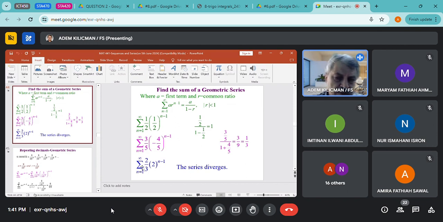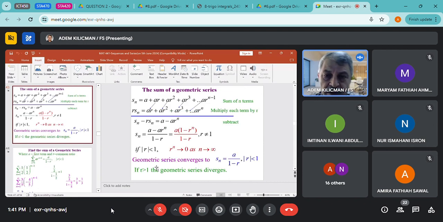Third one, if you look at it, 2 over 3, 2 to the power N, how? Yes, first term, 2 over 3 over 1 minus, okay, how? Can you apply like this? No, because R this time doesn't produce 0 power.